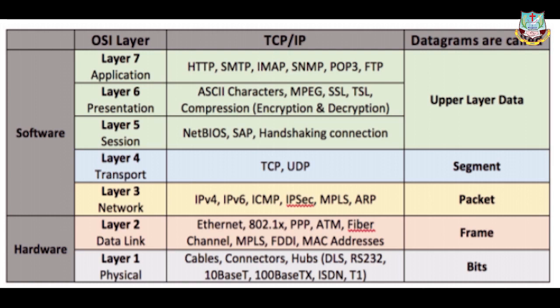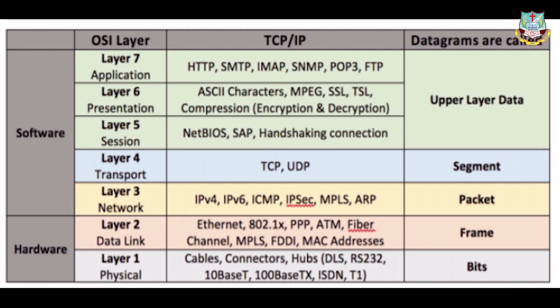Encryption means we will be protecting the data or some message through an encrypted form. That means you have a message, you give a code to that particular message and it will be changed like a code, and decryption means that code will change back to the original message. And the seventh layer is the application layer.